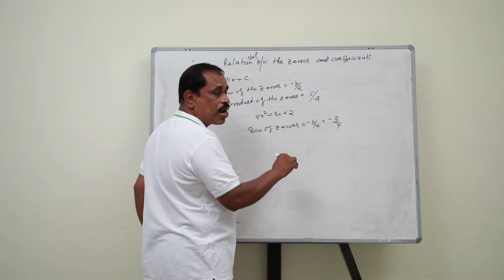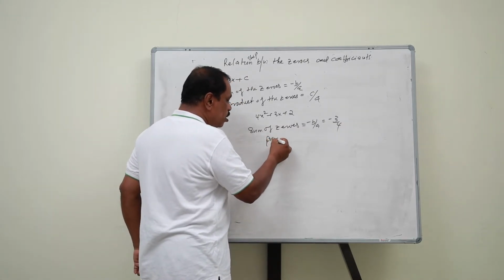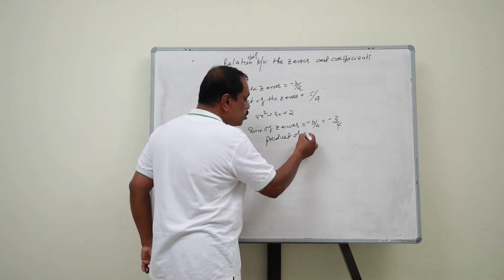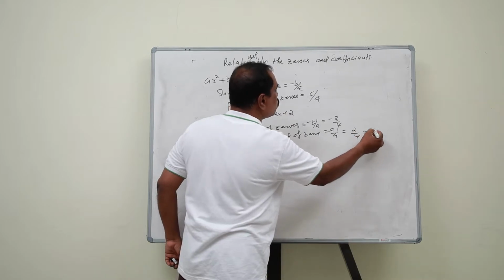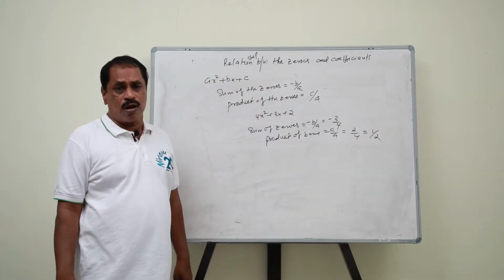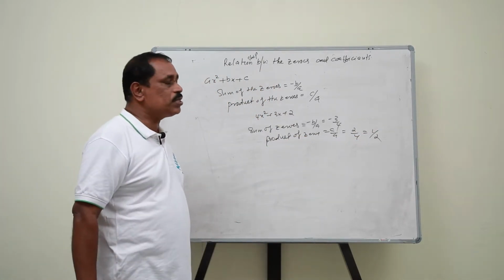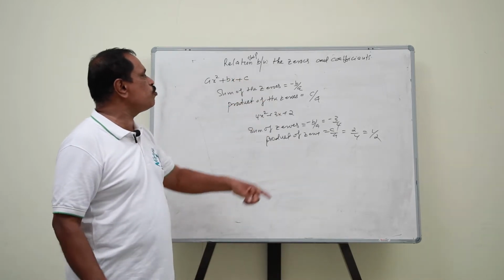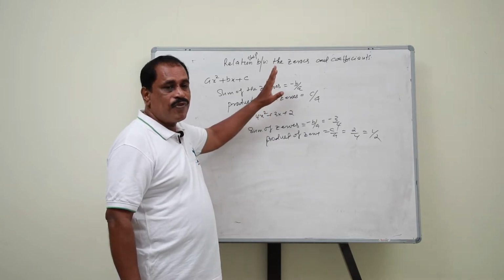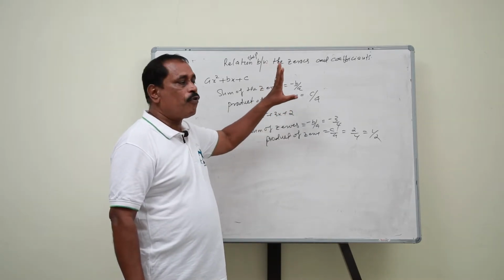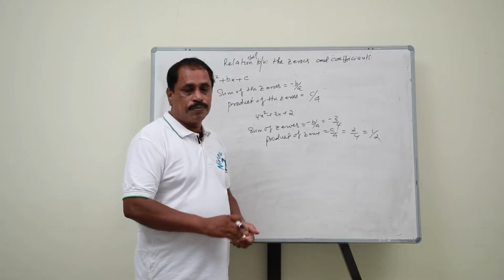And product of zeros is equal to, tell me, c by a, that is 2 by 4 equal to 1 by 2. Directly we can find out without finding the zeros. So this is the relationship between the zeros and the coefficients, very important, and we have questions coming for the exam. Clear?